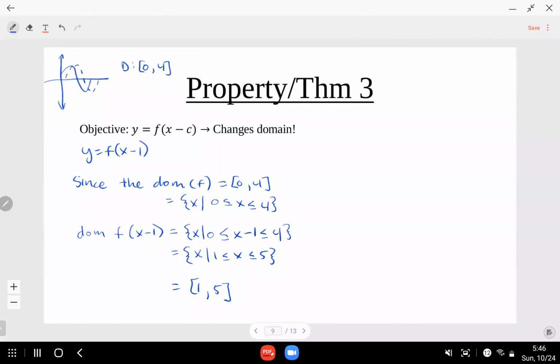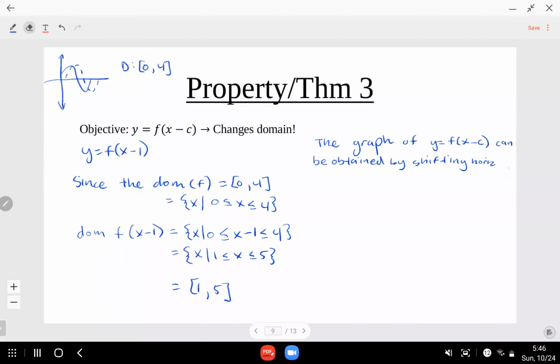So our theorem here would be: the graph of y equals f of x minus c can be obtained by shifting horizontally.